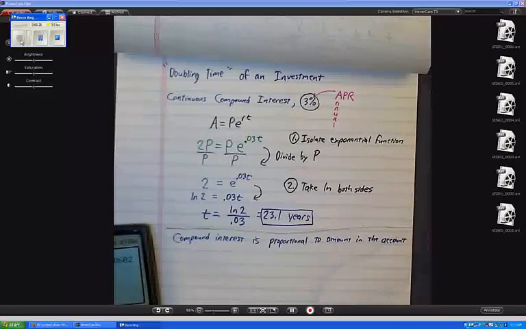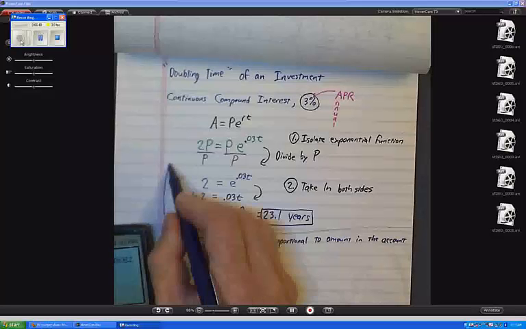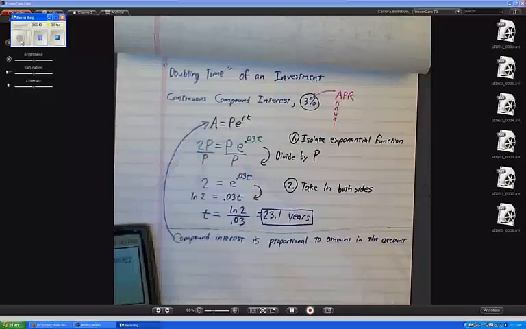Let's just say I could do a little calculus if I wanted, and I could show you that because of this fact, that compound interest is proportional to the amount in the account, that leads to this equation: A equals an exponential equation.